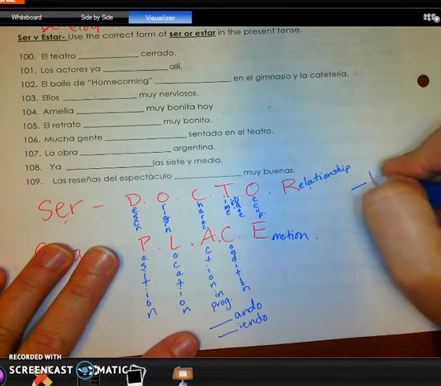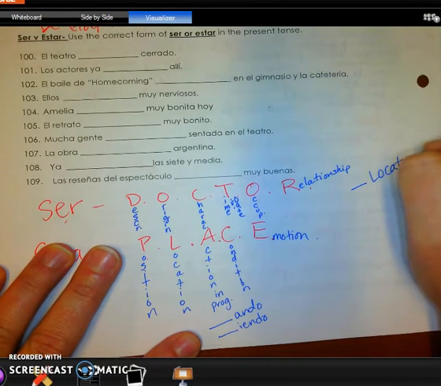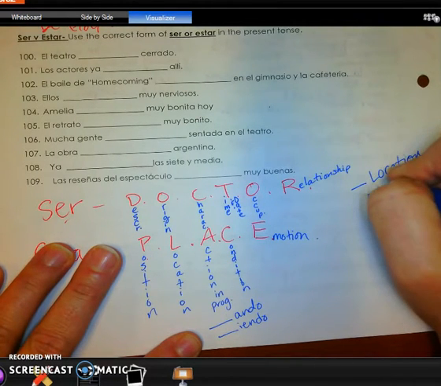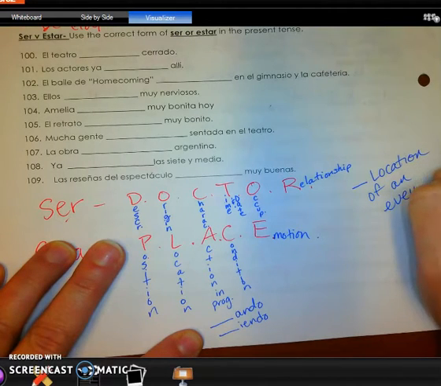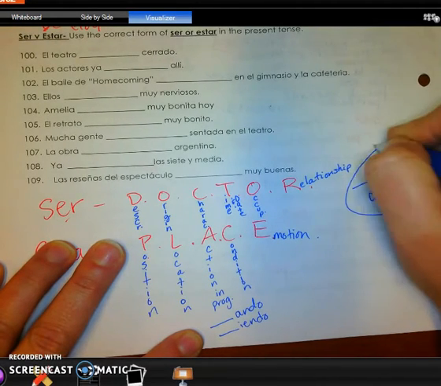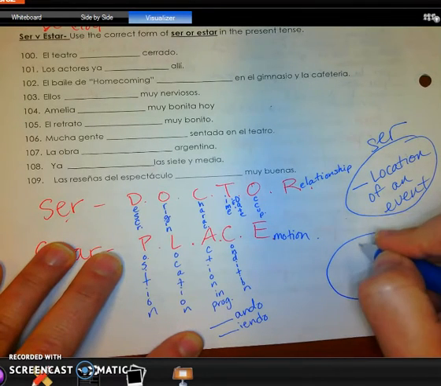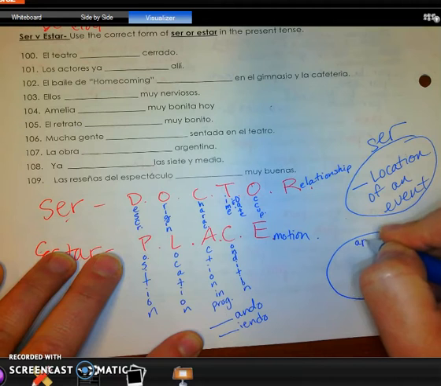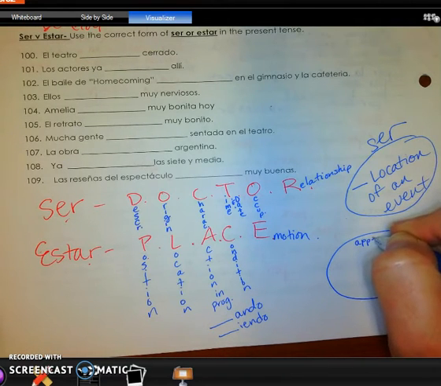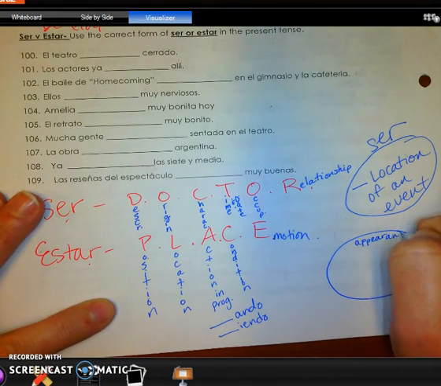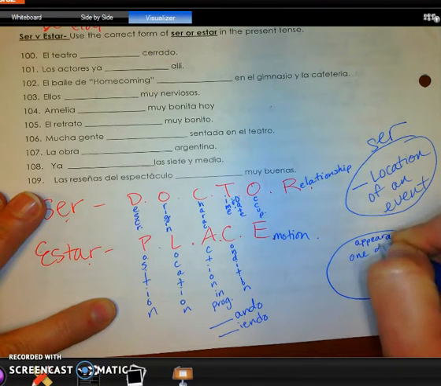Ser is for location of an event. And estar is for appearance one day.